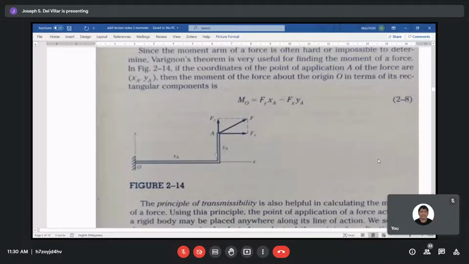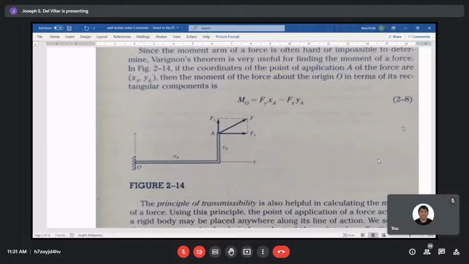Di ba sign convention nyo is counterclockwise positive, right? O sino dito sa dalawa ang may effect na counterclockwise? Si Fy o si Fx? Sino sa dalawa ang may counterclockwise effect?